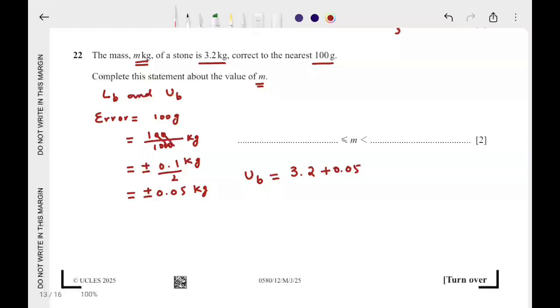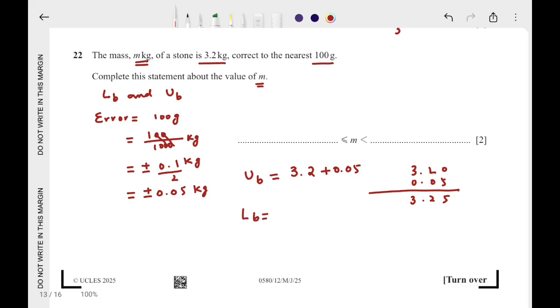So it will be 3.25 as the upper bound, and we also have to find out the lower bound.